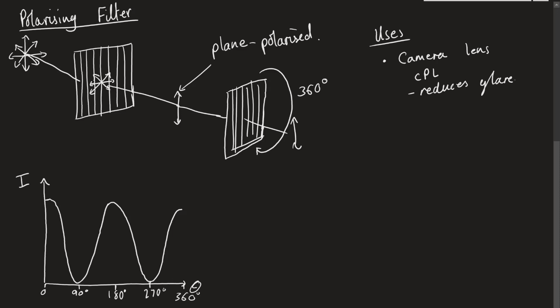Now, the reason it has to do this is because light from the sun is unpolarized. Okay, so let me just make a little bit of a barrier here. So light from the sun is going to come into the atmosphere completely unpolarized. Say you're trying to take a picture of a lake or something like that.